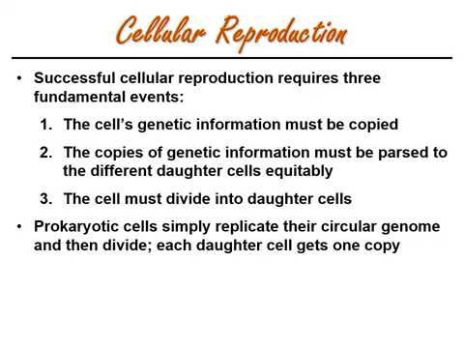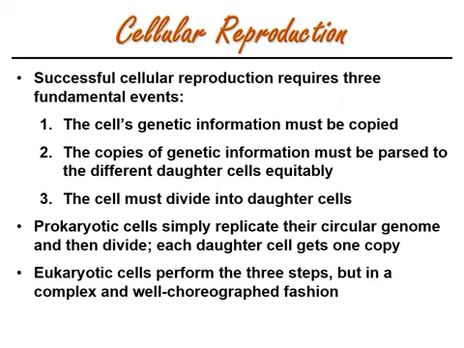Whereas if it does work out properly, and one chromosome goes in one direction, one chromosome goes in the other direction, the cell divides, you have two daughter cells, each with one chromosome, well, then that's a functional replication. So eukaryotic cells perform the three steps, but in a complex, well choreographed fashion, because it needs to be highly choreographed for all of those chromosomes to be separated properly.